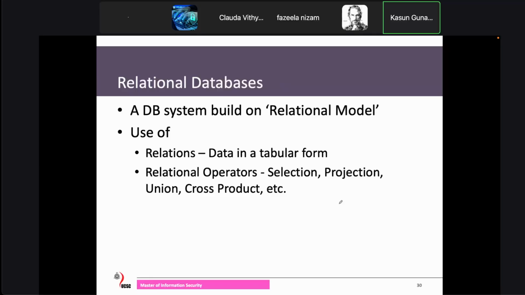The relational data model, or relational databases, are databases built on the relational model. Why is it called relational? Because the underlying mechanism of this model uses relations, the concept of relation in mathematics.